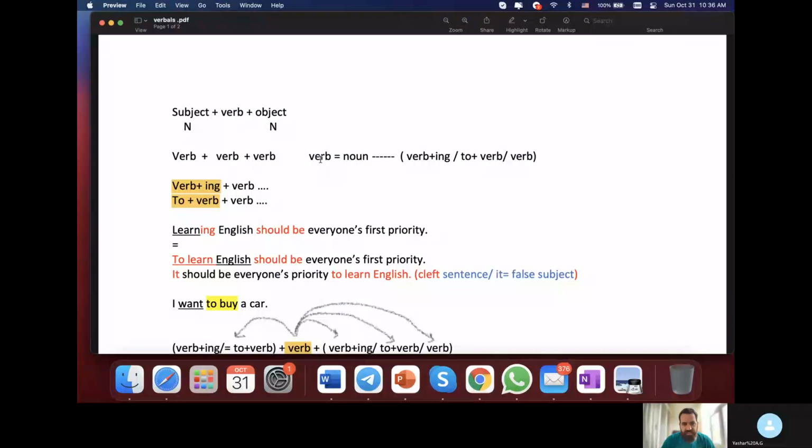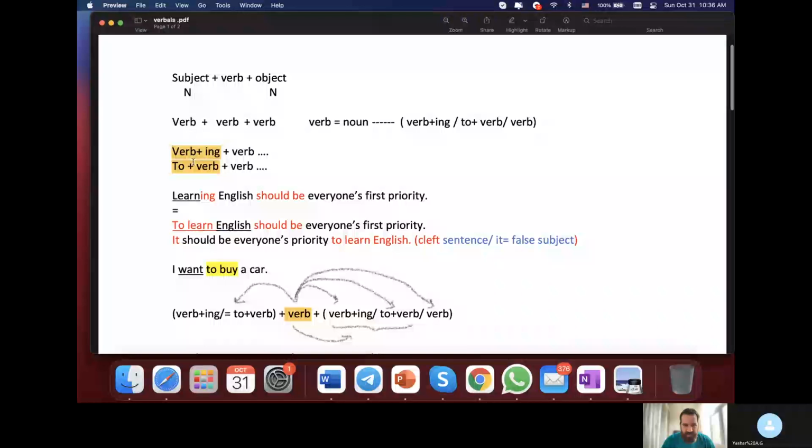We can change a verb to a noun by adding ing, or by adding to in front of the verb, to go, or the bare infinitive, without to. So we need to change them to gerunds, infinitive, or bare infinitive.